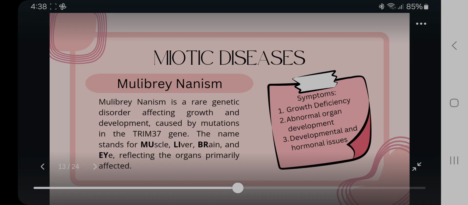So persons with this disease can experience growth deficiencies, abnormal organ development, and developmental and hormonal issues. And this disease, like mosaic variegated aneuploidy, is autosomal recessive, and it's caused by a mutation in that specific gene.